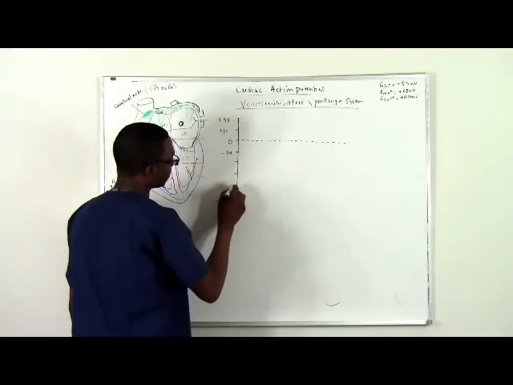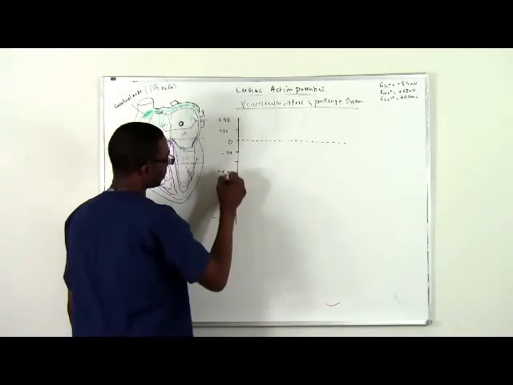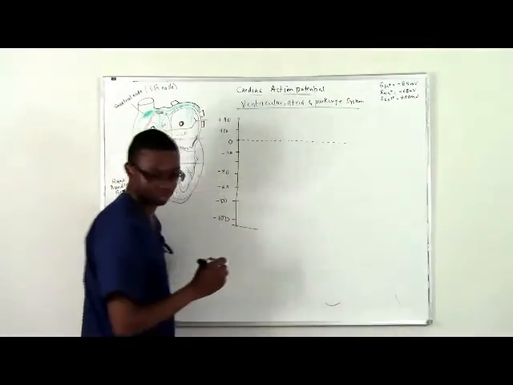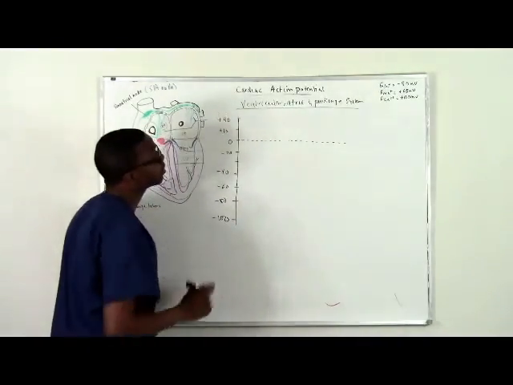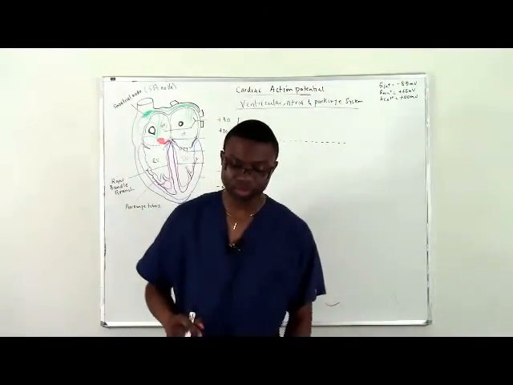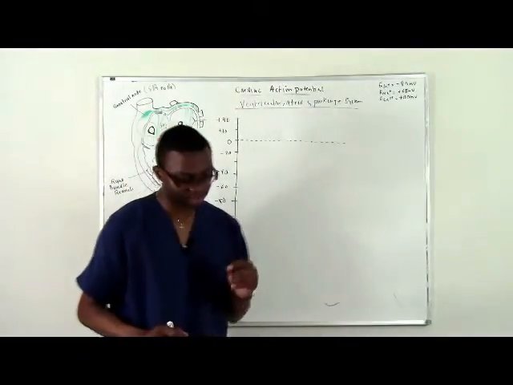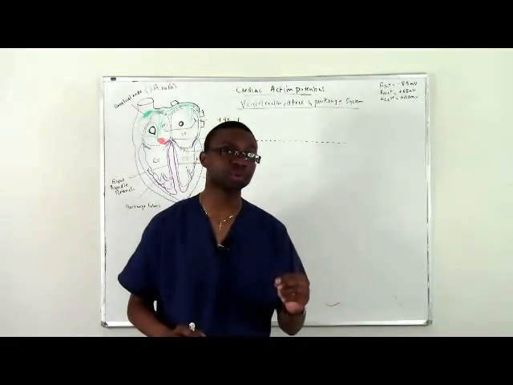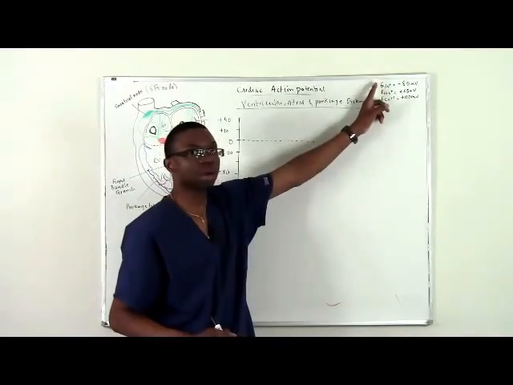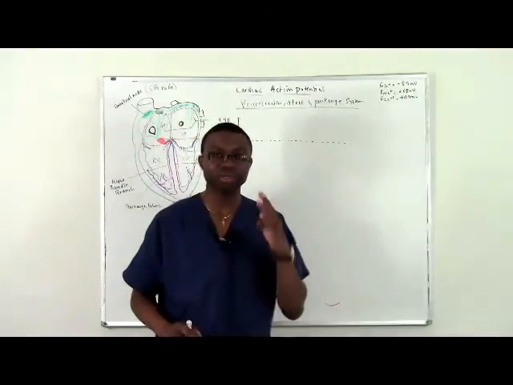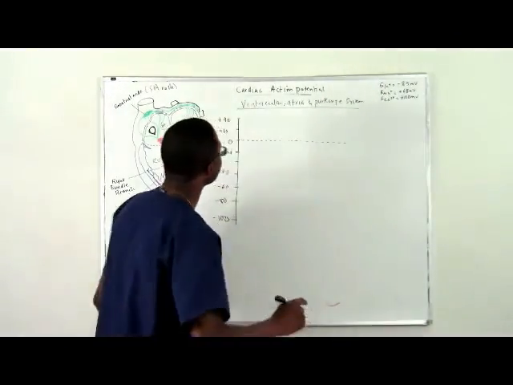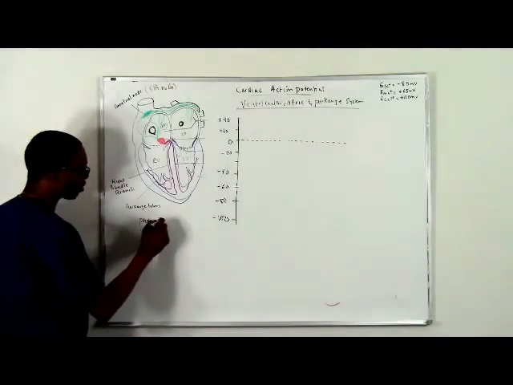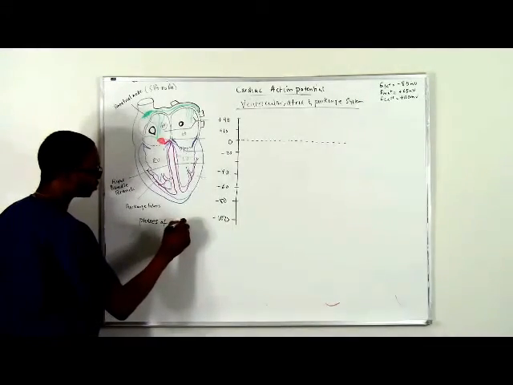Negative 80, negative 40, negative 60. Now, we said the resting membrane potential of the ventricles, the atrium, and the Purkinje system approaches potassium. So there are 4 phases. So I'm going to write here on the side of the board the phases of action potential.